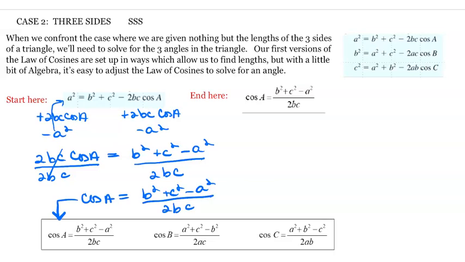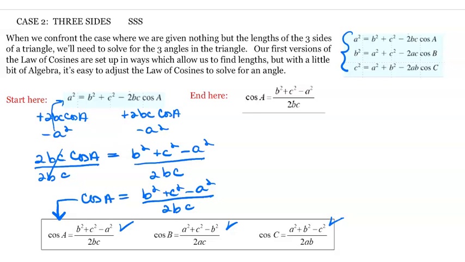So when you're asked to find an angle, we are in effect using the equation of the law of cosines. But we're switching things around. We will give you all three of these formulas and all three of these. But I needed you to see that I just didn't create this.